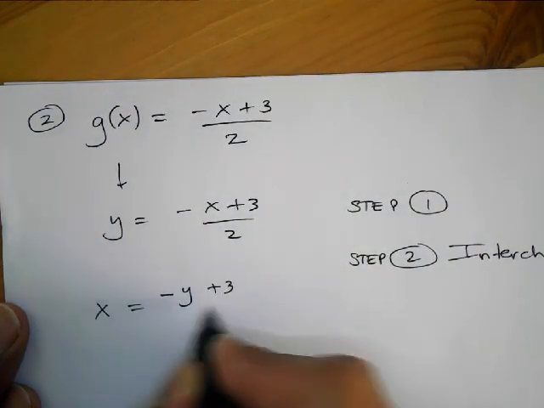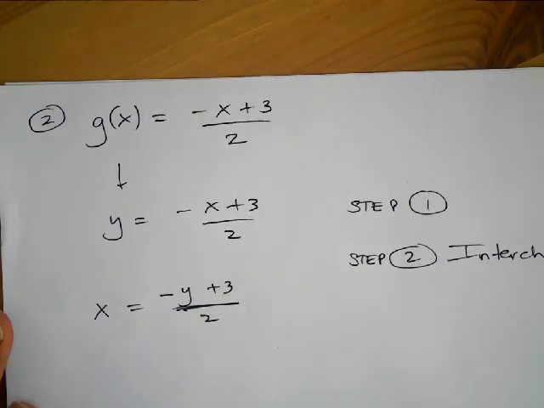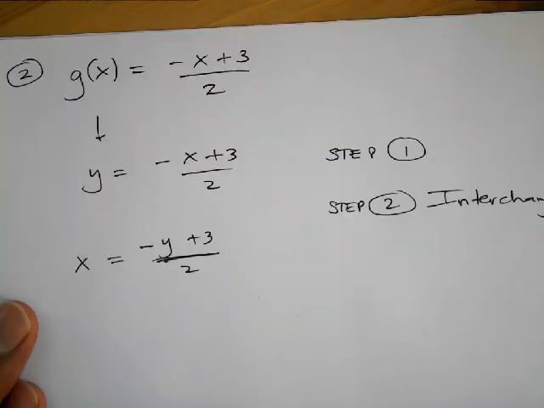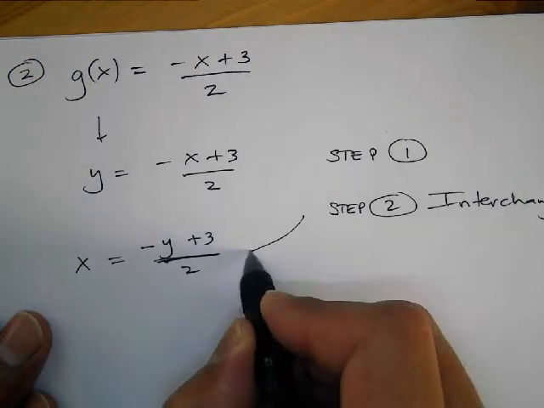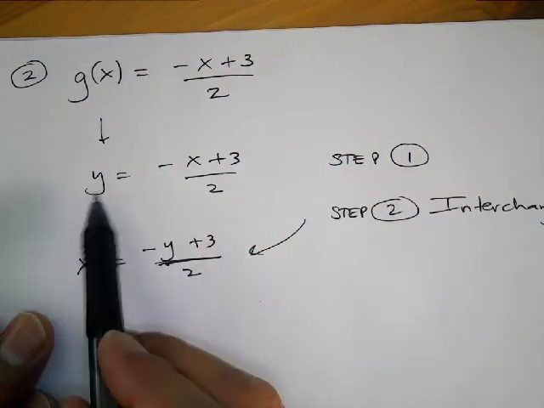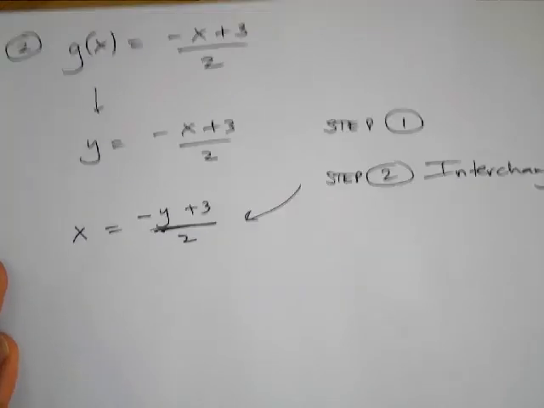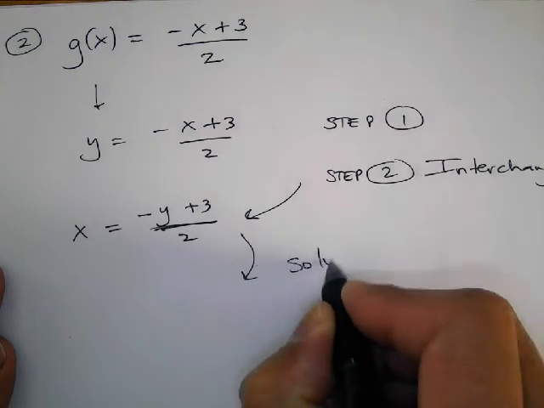So then that becomes x equals negative y plus 3 over 2. But see, now this equation, it's a rational equation, or you'll have some denominators, right? So from here to here, we interchange. The y changes to the x, the x changes to the y. Everything else stays the same.